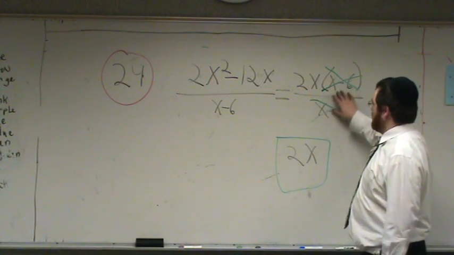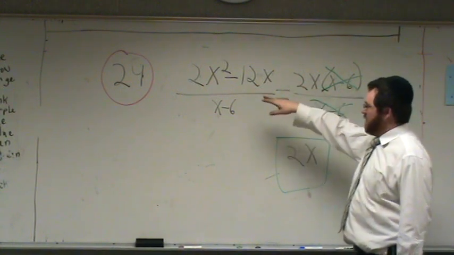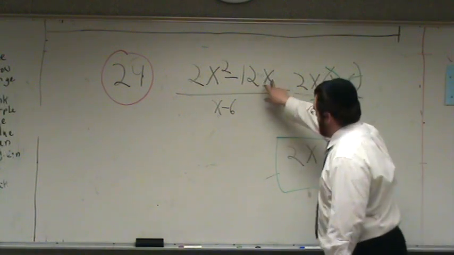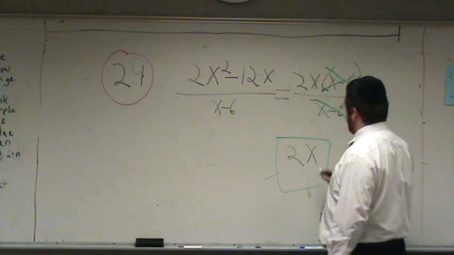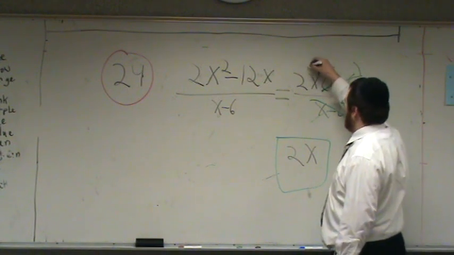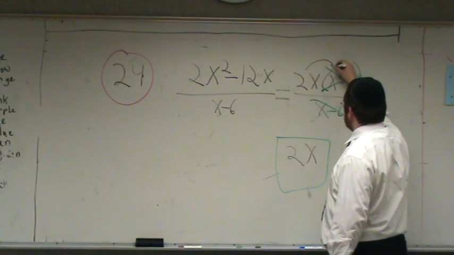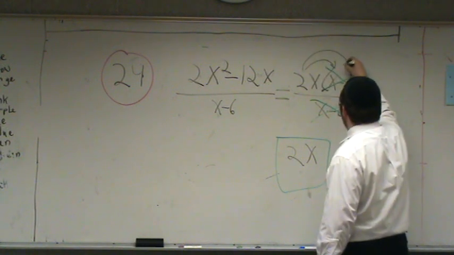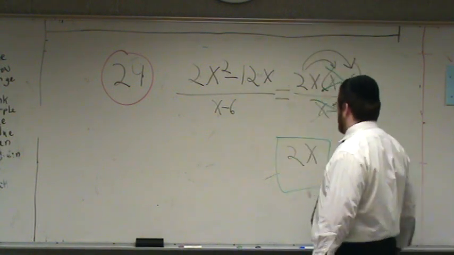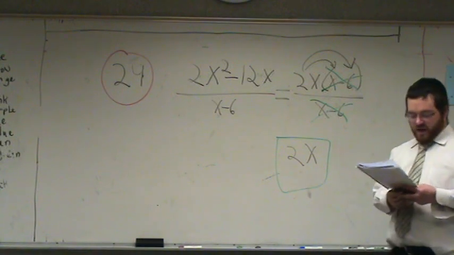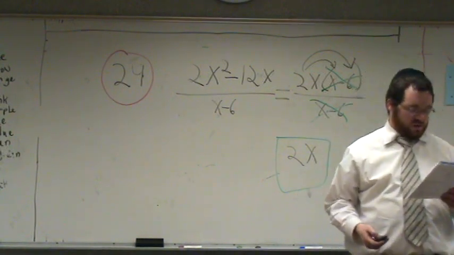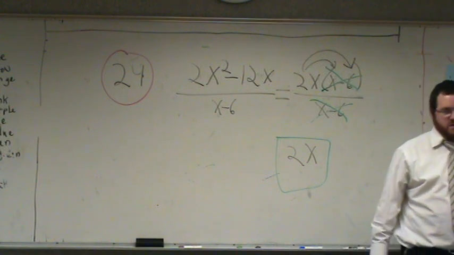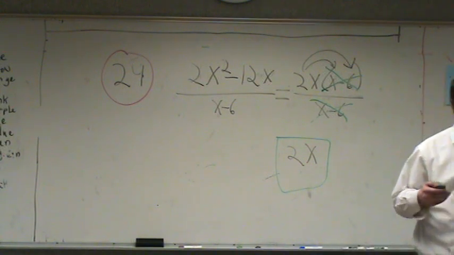Again, I took the x minus 6 out of the 2x squared and out of the negative 12x. If you try to plug it back in, you'll see 2x times x is equal to 2x squared, and 2x times negative 6 is negative 12x, so you know that that's true. So the correct answer to 24 is 2x squared minus 12x over x minus 6 is equal to 2x. Answer 2.